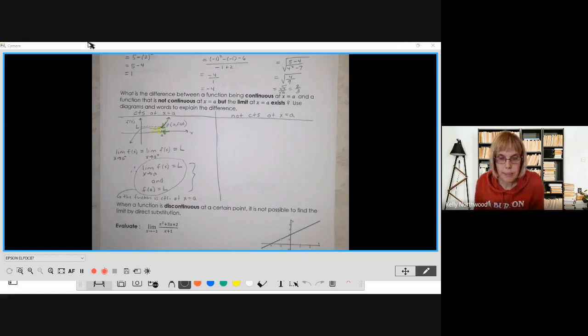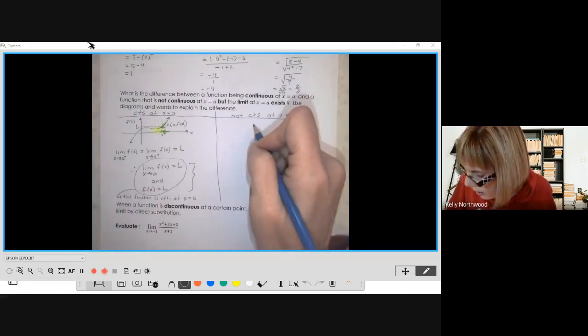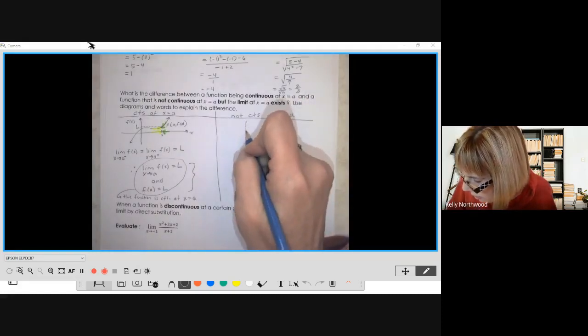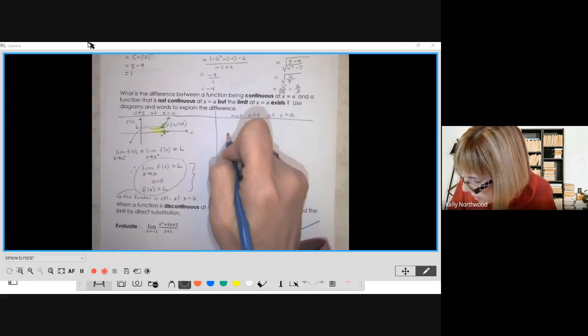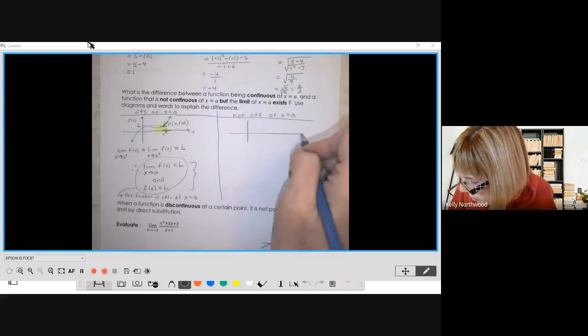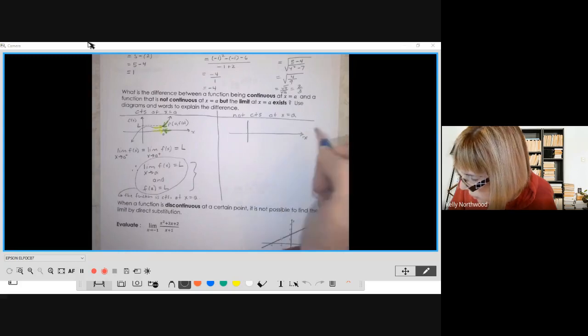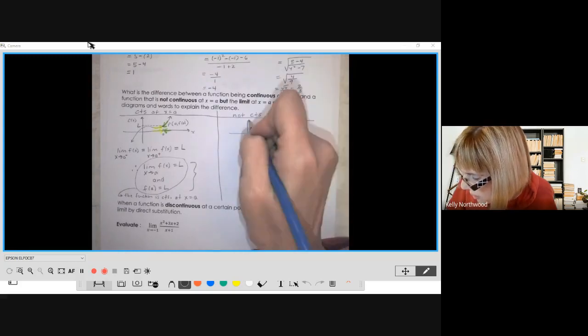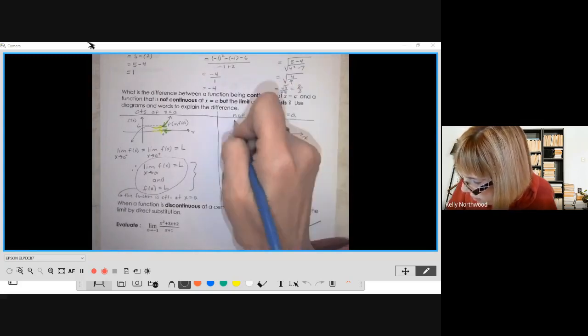Now we're going to set up a similar scenario, but where the function is going to be not continuous, or discontinuous.